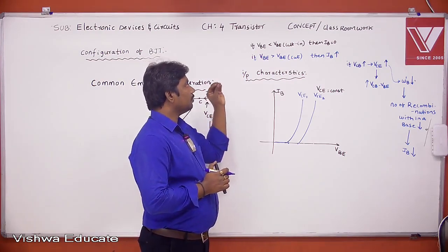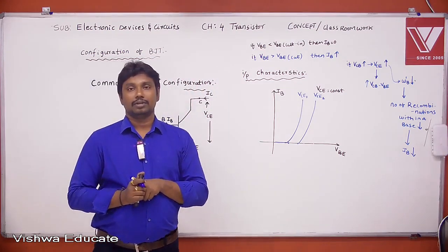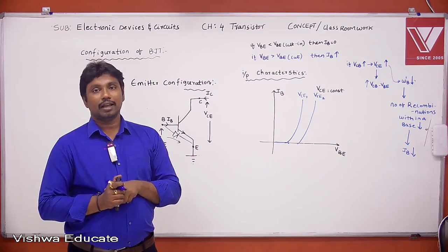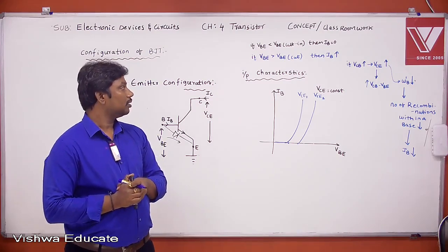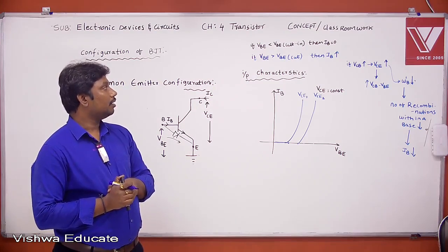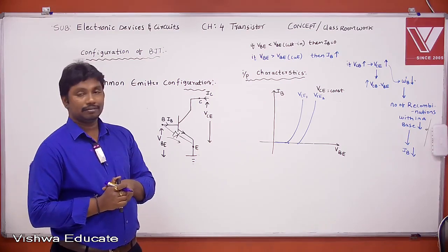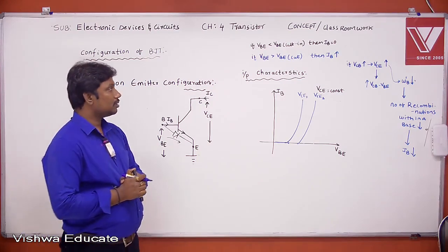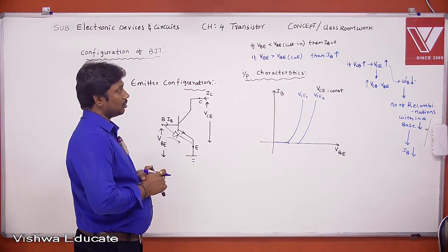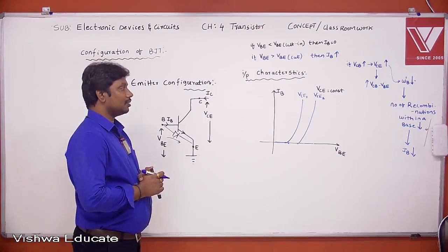Next one. If the VB is greater than VB cut-in, then IB increases suddenly.